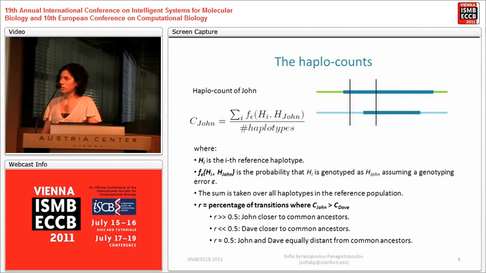Since the haplocount of John is a measure of similarity between John and the reference population, in that case, John is more likely to be closer to the common ancestors than Dave. The other way around if R is much less than 0.5. If R is around 0.5, then we could say that there is no evidence that one of them is closer to the common ancestors than the other.